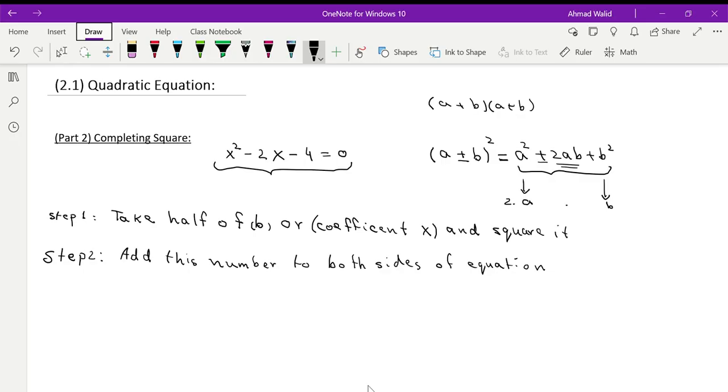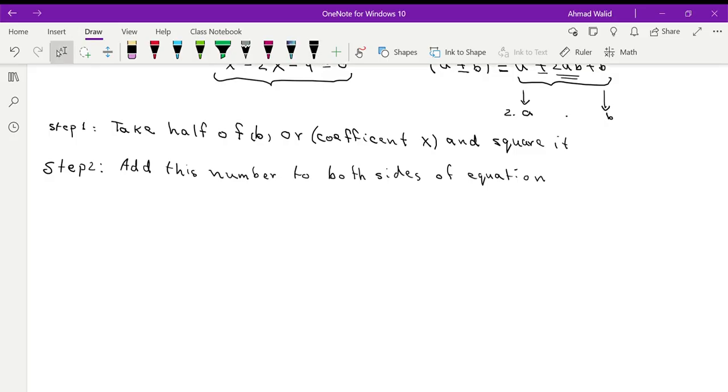Let's move this up a little bit. I can show you. The given equation is x squared minus 2x minus 4 equals 0. B, which number is b? The coefficient of x, this one. Take half of it.